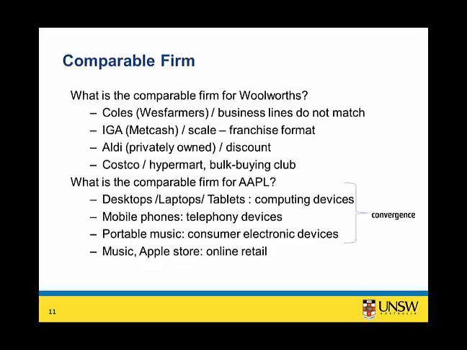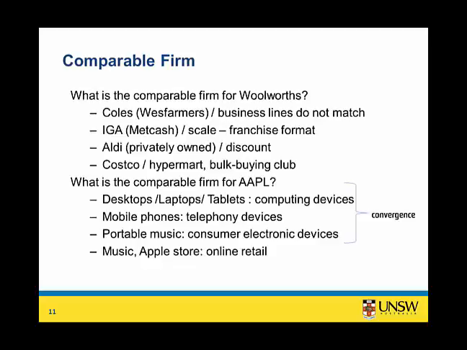You can observe this. IGAs are also independently run as franchises. This is a different business model than Woolworths. Woolworths owns and operates all of its stores. They don't franchise. So this is something you can observe in practice. So if you visit an IGA, you can compare it to a Woolworths.